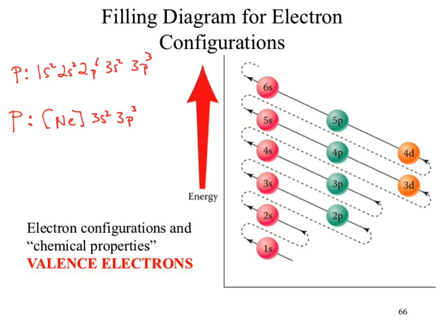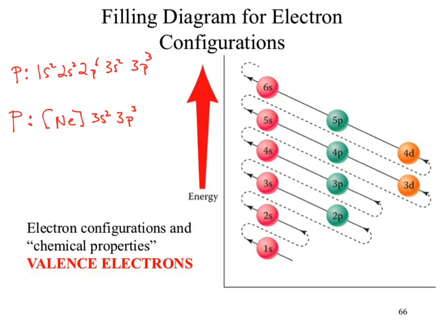What's the first thing that's going to interact for phosphorus? The electrons, because they're on the outside of the structure, or the outside of that atom. Which electrons? Well, the outermost electrons, the ones furthest away from the nucleus. Those are going to be the most important ones to interact with something.